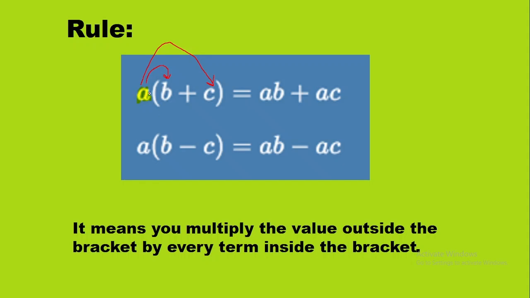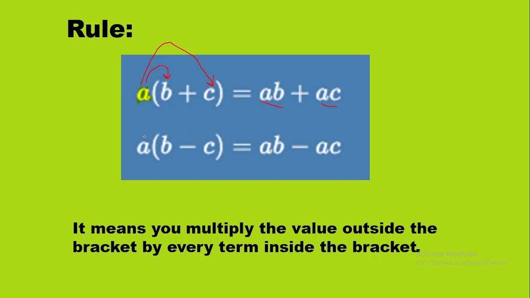Whatever is outside, in this case A, we multiply by each term inside the bracket. So A times B gives you AB, and A times C is just AC. Put back the plus sign there because A is positive, so A times C gives you plus AC.